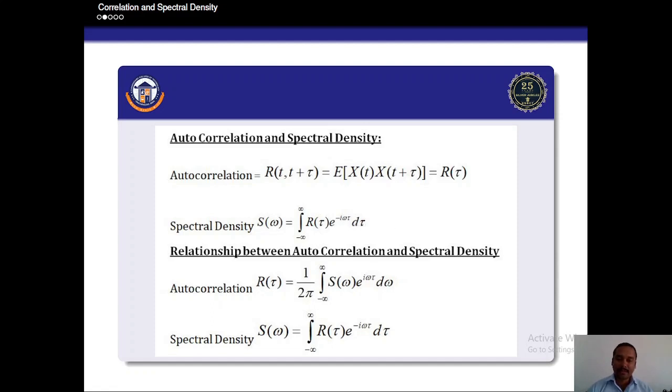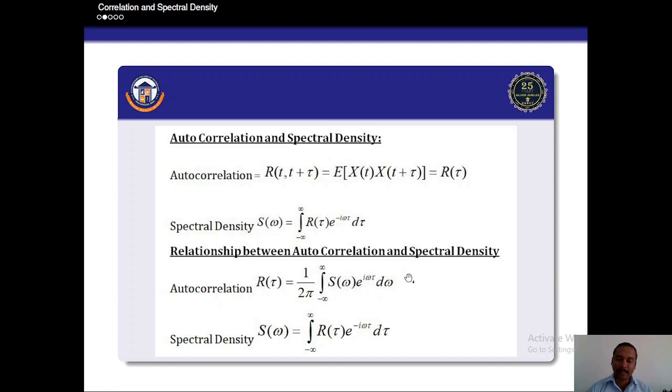Then the relationship between these two terms, autocorrelation and spectral density: R(tau) equals 1 divided by 2 pi times the integral over minus infinity to plus infinity of S(omega) e^(i omega tau) d omega.